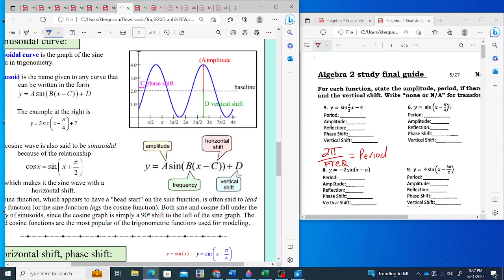And then if it's in parentheses, minus or plus some whatever, then that is my horizontal or my phase shift. I don't know why they call it horizontal shift when they should have just called it phase shift. So phase shift, that's my horizontal shift, and then vertical shift. The phase shift is inside the parentheses. The vertical shift is outside.